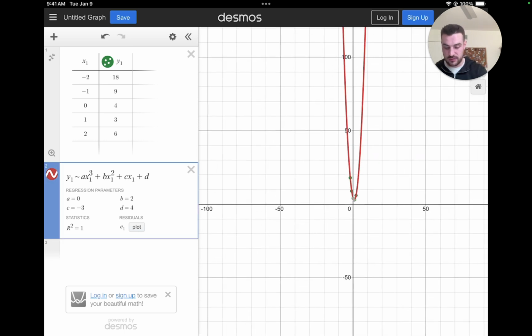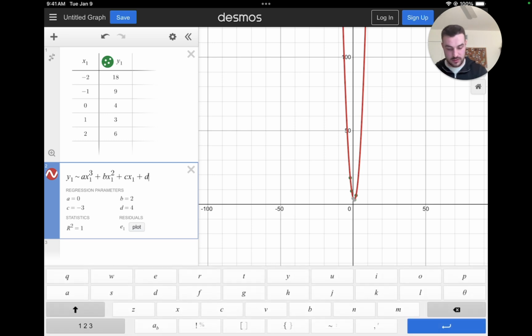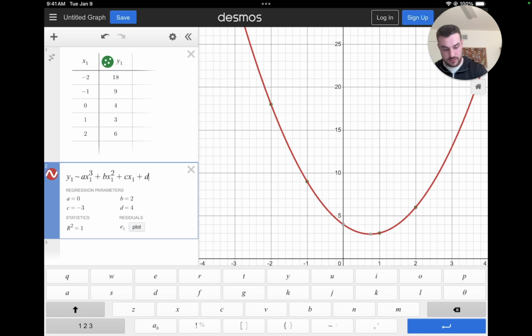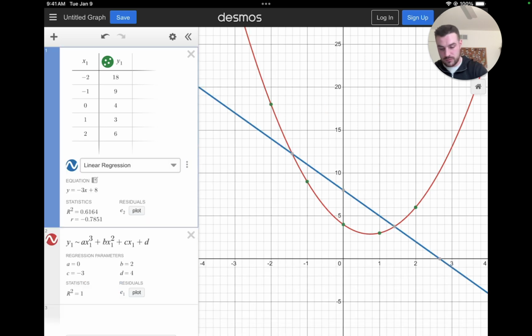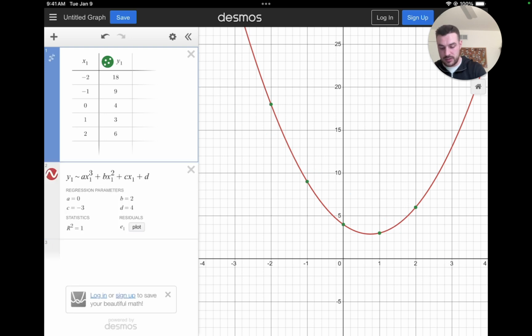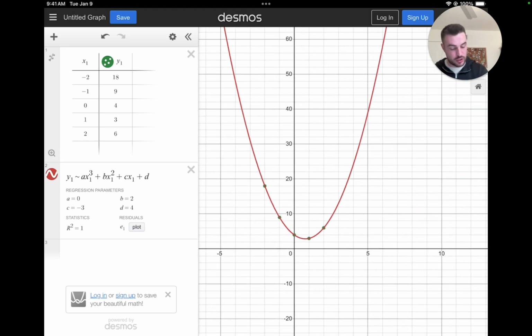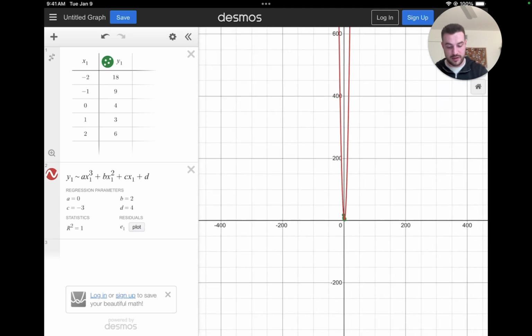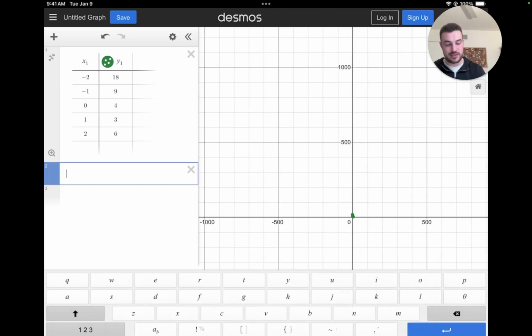Let's see if this is fitting for us. Sorry, I'm clicking some unnecessary buttons here. We should have a cubic model here, but we can't really see that from the graph. So I'm wondering if I might just have to retype this.